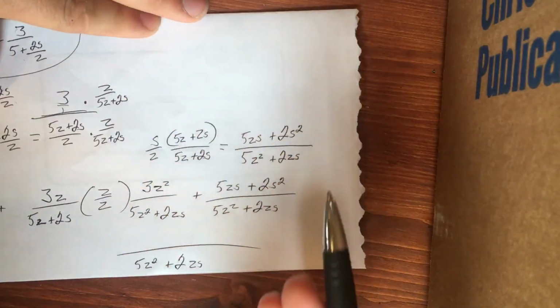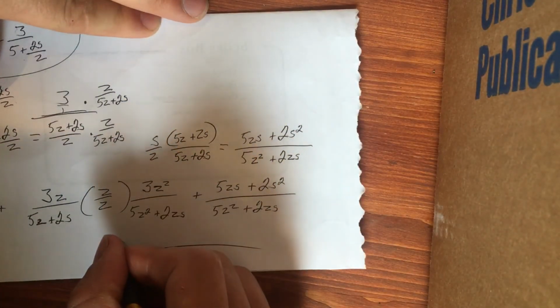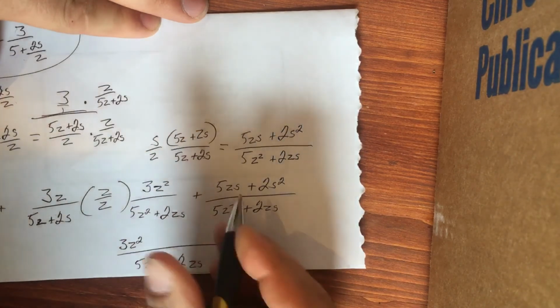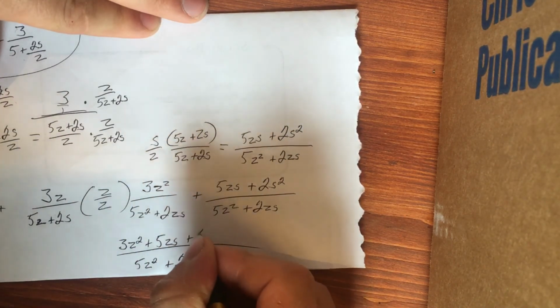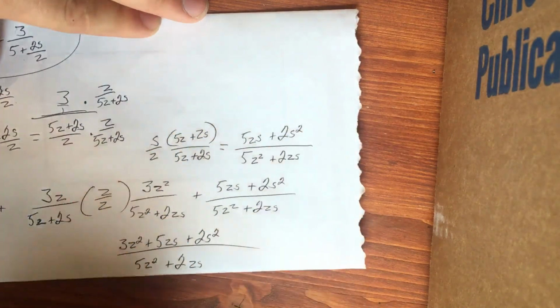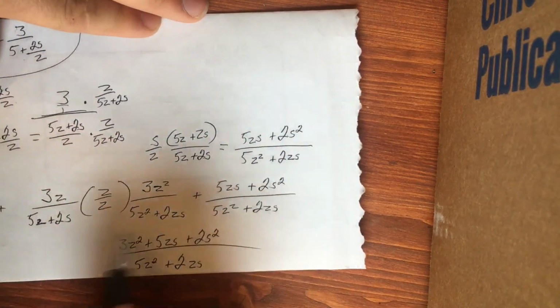We're not multiplying, we're just plain adding. So let's just copy 3z squared plus 5zs plus 2s squared. All right, that's that. That's our answer.